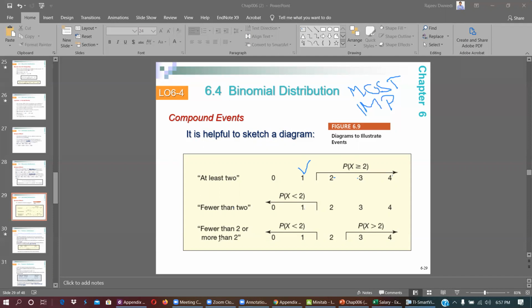Fewer than 2 or more than 2, fewer than is this, more than is 2. More than, it is not asking 2. So this has to be very thoroughly practiced and understood by you, so that you can do all the numericals and everything. Is it making sense? Okay, now let me go further.